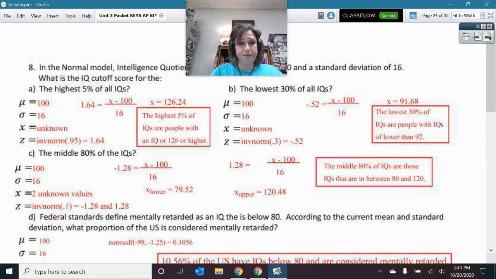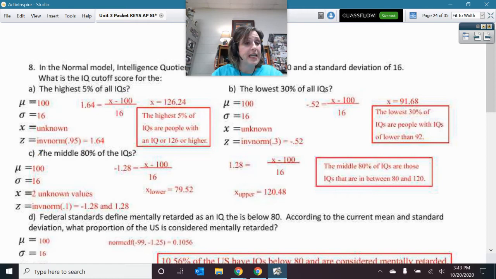So here you can see that for all of these things, I clearly wrote what I had, what my z-score was, and then what that x value solved to be. So I'm not going to go over these detail by detail. I'm just going to let you look and check what data I had.